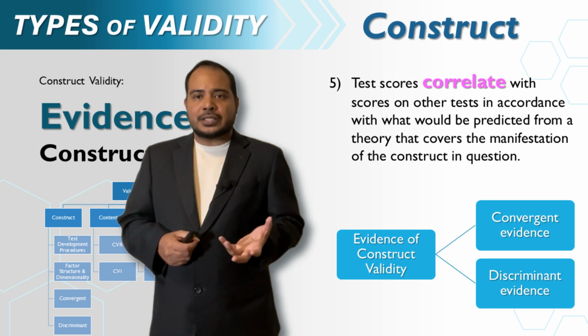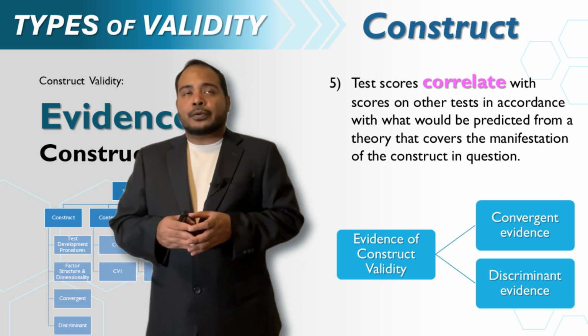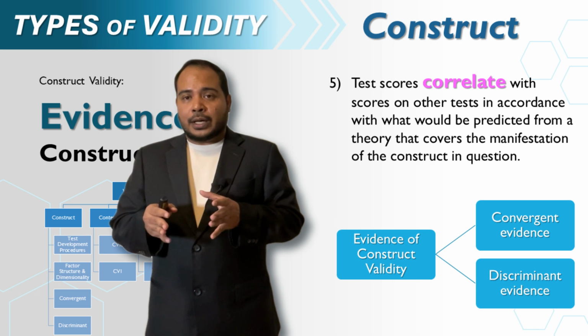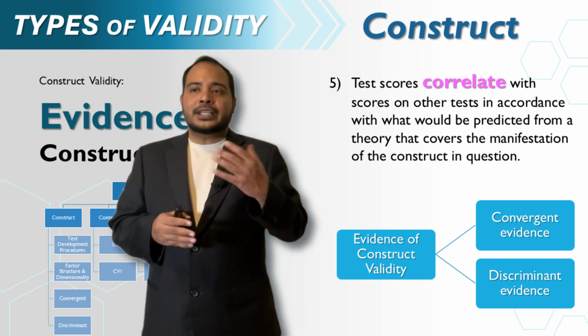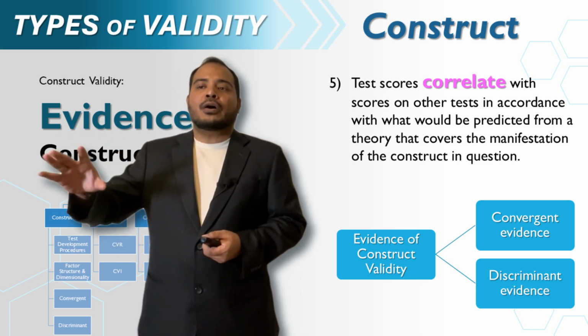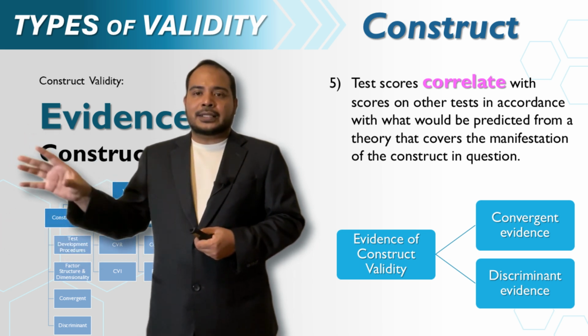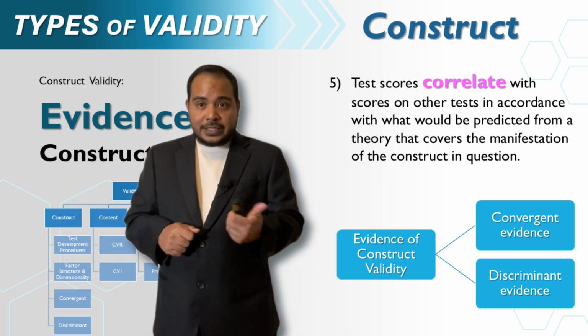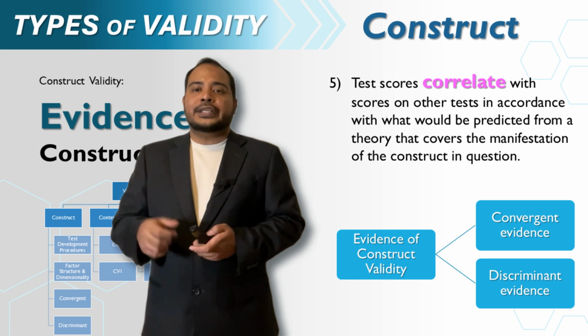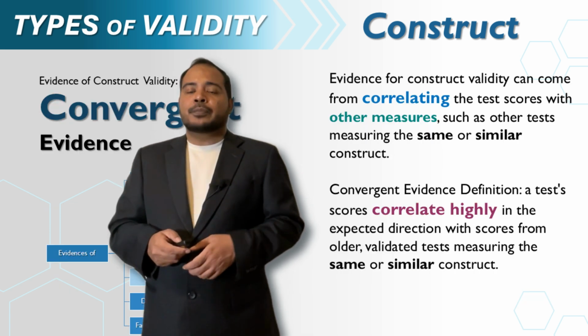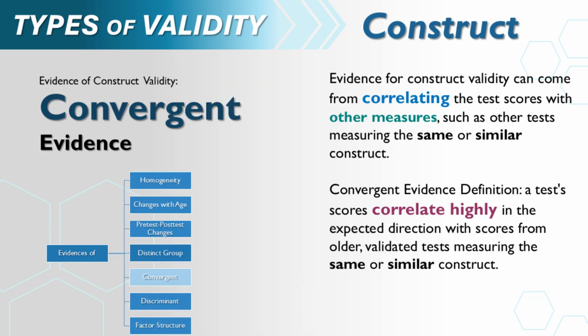Okay, the correlations of the test score from the test that we want to develop, or the test that we newly developed, with the score of other tests. The score of other tests can be in the form of convergent evidence or discriminant evidence. So what is convergent evidence?